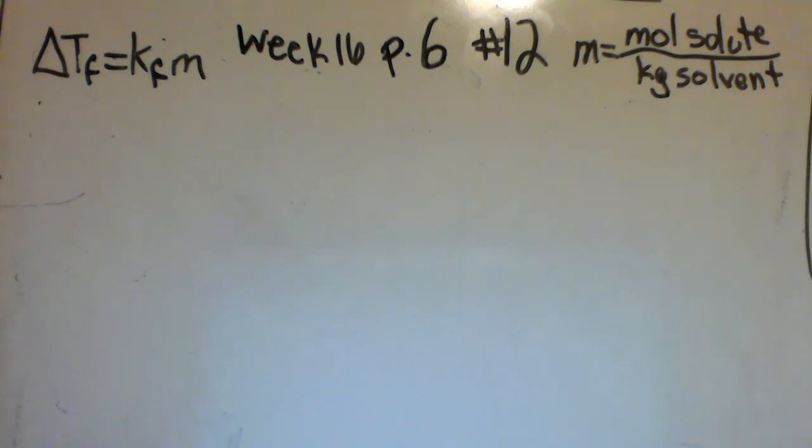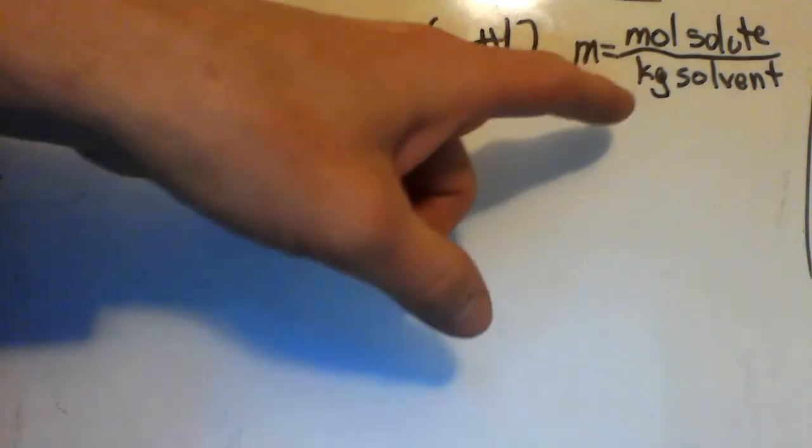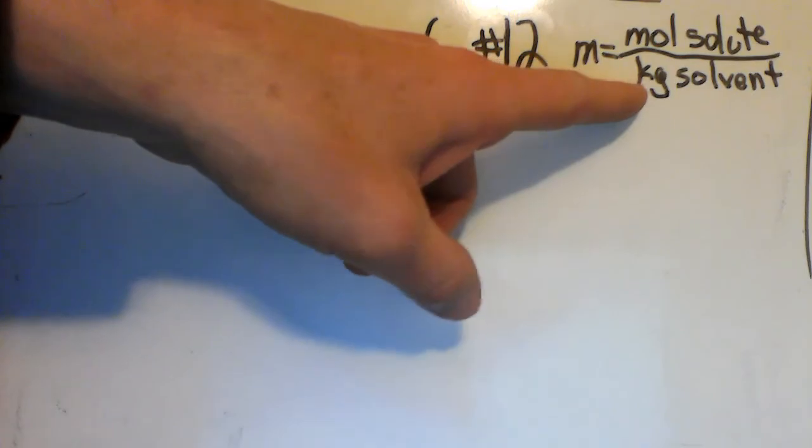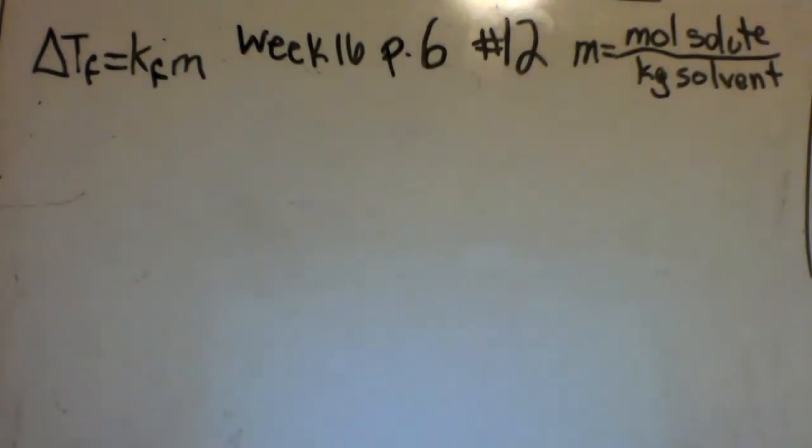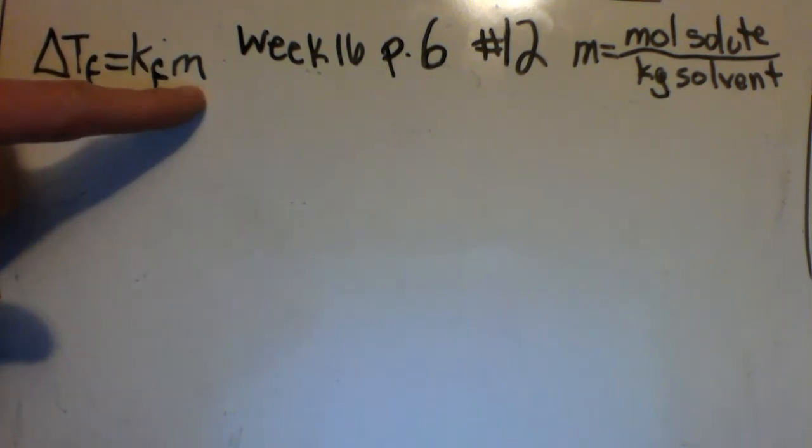The first thing we're going to do is see which of these equations we have most of the information for. Well, at this point we don't know moles of solute. We only have the solvent's numbers, so we can't use the mole equation yet. But in this equation, we know the change in temperature is 0.25 Celsius degrees, and we know the constant, so we're only missing one thing.